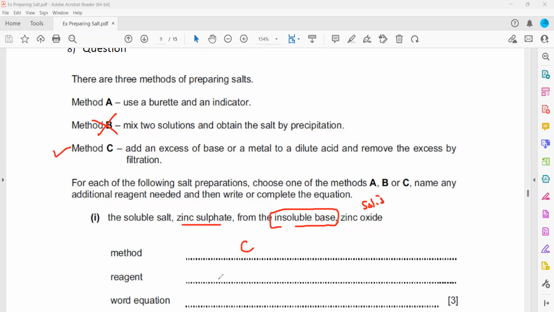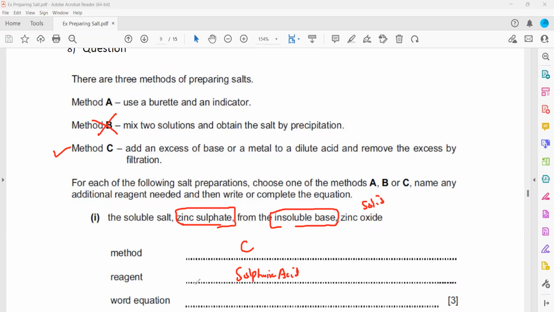And what is the reagent? We have zinc oxide. Because I want zinc sulfate, whenever we want a sulfate salt, the zinc oxide is already there with us. So what else do we need? We need sulfuric acid. So the reagent here will be sulfuric acid, because sulfuric acid plus zinc oxide gives zinc sulfate plus water.